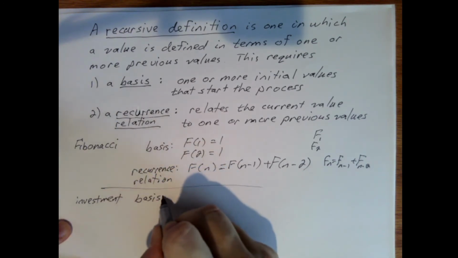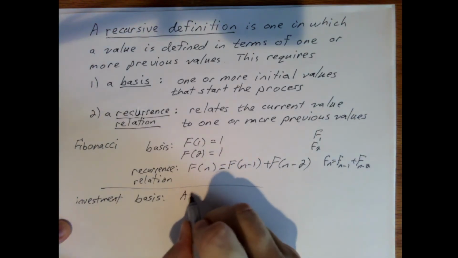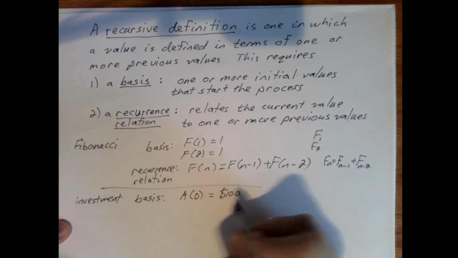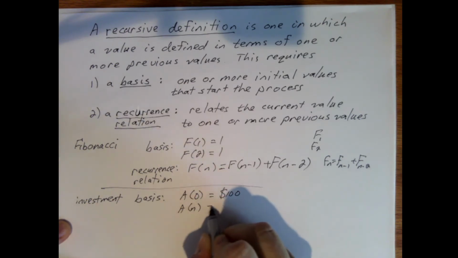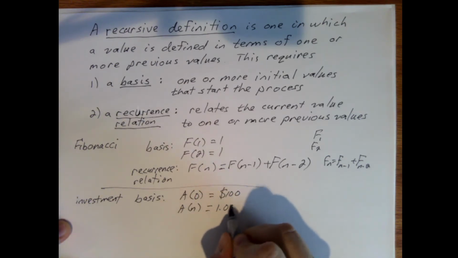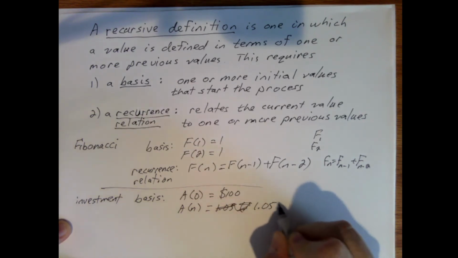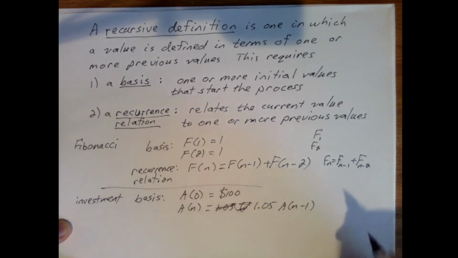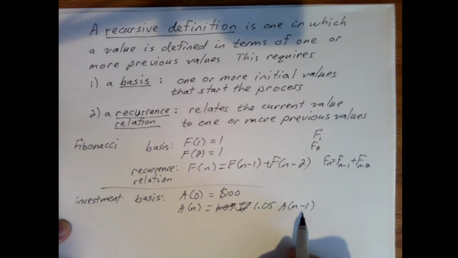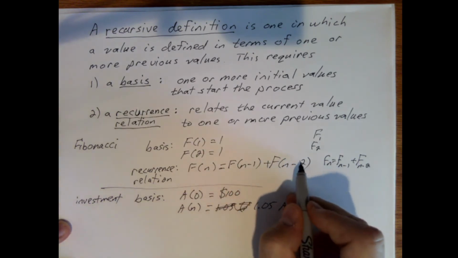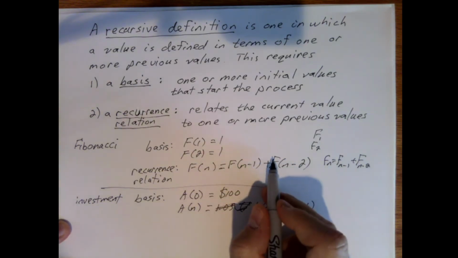For this particular problem, our basis was that a of 0 was equal to $100, and a of n was equal to 1.05 times a of n minus 1. So 1.05 times the previous value. F of n here is equal to the previous value plus the value before that.